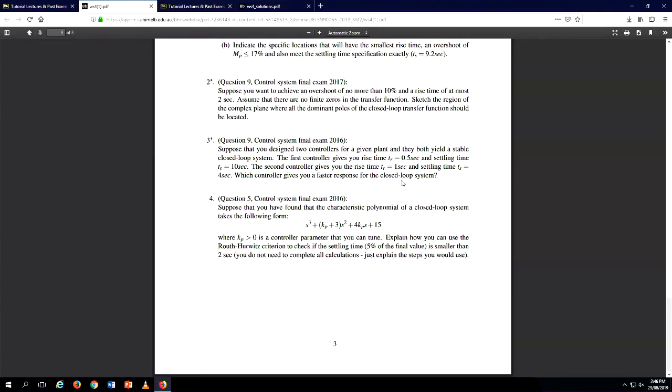Well, actually, the correct answer is we can't say that one is faster than the other. One is faster in one sense, but slower in another sense. One is faster in the sense that it reacts quicker. Small rise time means that the system is more reactive.